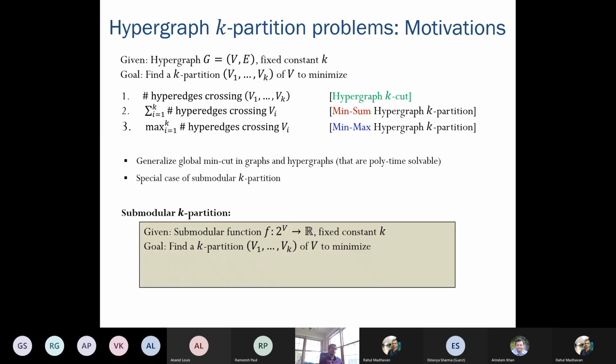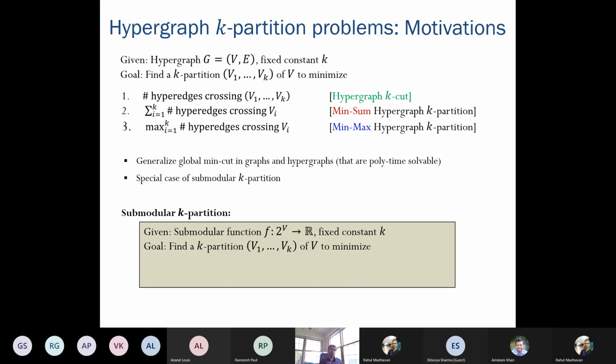Right, so that's one motivation. The second motivation for us to look into these problems comes from their connections to the much more general submodular K partition problem. In submodular K partition, we are given a submodular function via an evaluation oracle over a ground set V and a fixed constant k. Again, think of k as 2, 3, 4, and so on.